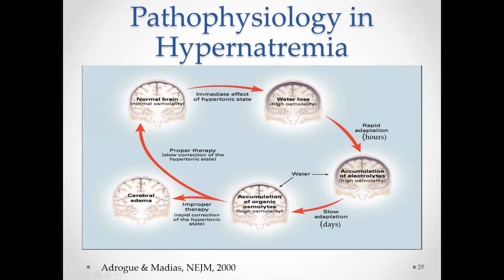Same mechanism as before, and within hours it can accumulate some electrolytes to help, but the permanent or long-term solution is the organic osmolytes, which take days, or about 48 hours. This is important because when we manage hypernatremia, we separate it into acute versus chronic, which is greater than 48 hours.